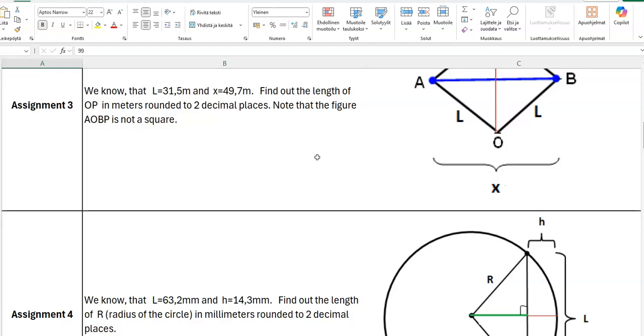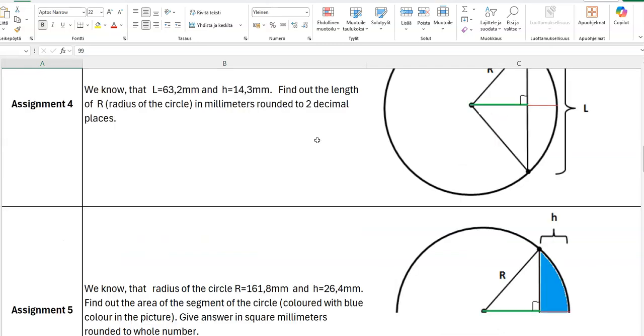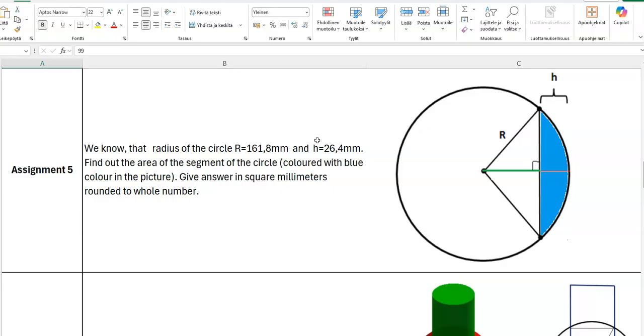First three at least, and also the fourth you can manage mostly with the help of right angled triangles.